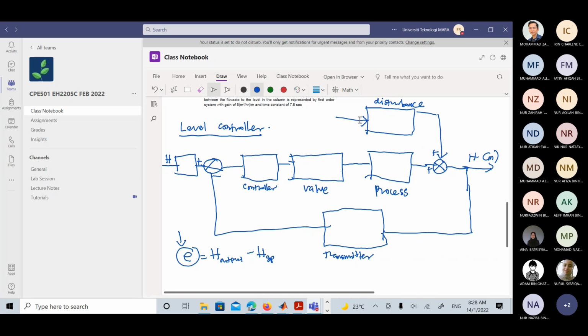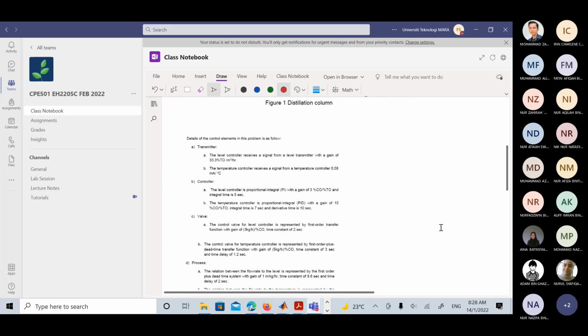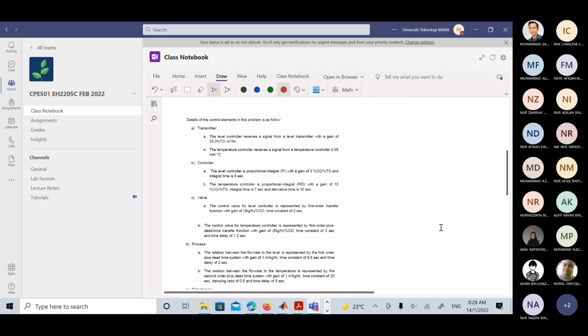So we'll start to fill in the information into the block diagram. Alright, so for transmitter, we need to plug in the information, kita tengok transmitter. So transmitter for the level controller.